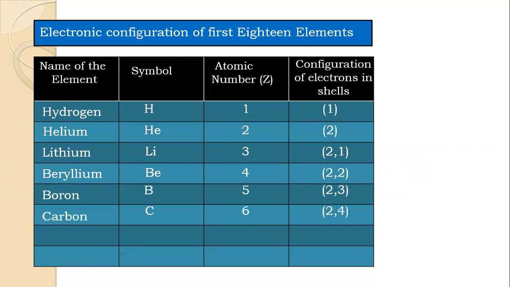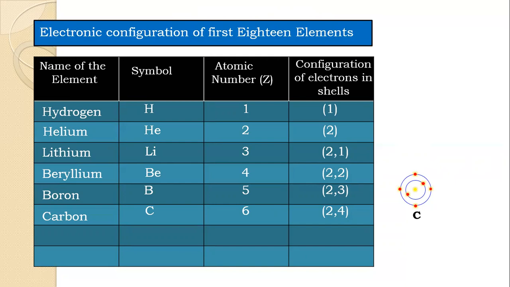Carbon, atomic number 6, electronic configuration 2, 4. So now students, carbon is in a dilemma. Carbon can either give 4 electrons and complete duplet, or carbon can take 4 electrons and complete octet. But carbon does neither. It neither gives electrons nor takes electrons, but it shares.